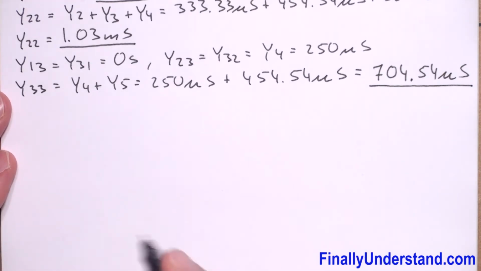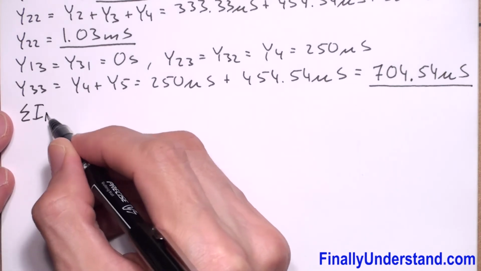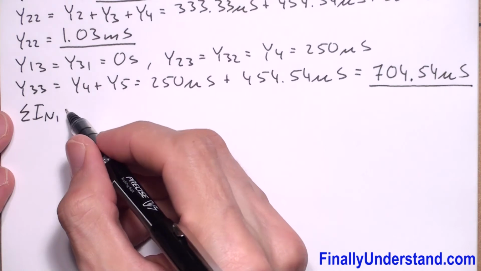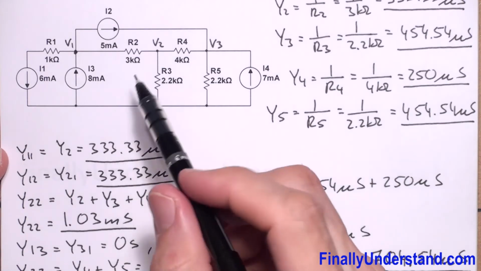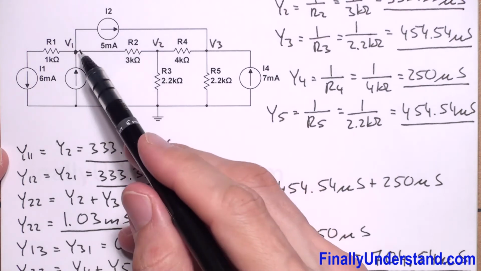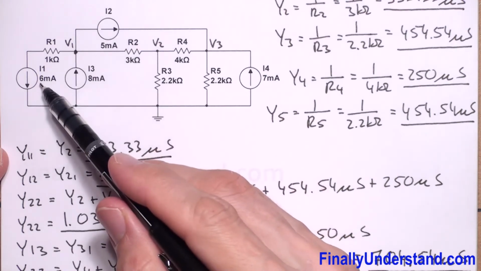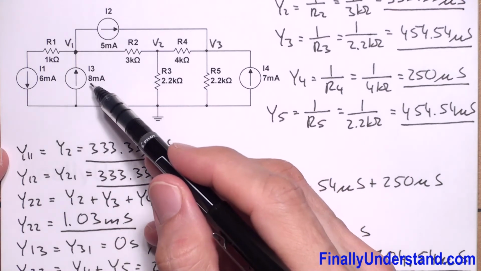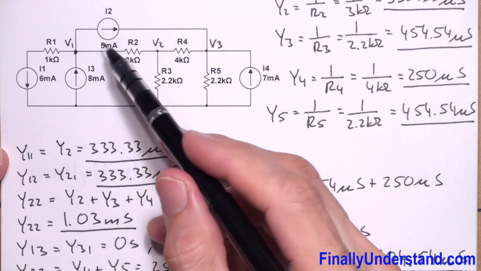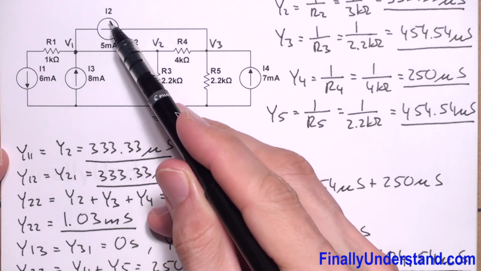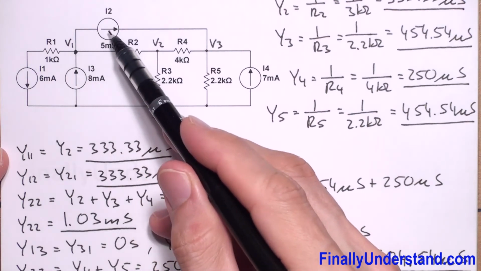Next we're supposed to find the sum of the currents going to node 1. Let's take a look at what we have over here. We have I1 leaving node 1, that's why it's going to have a negative sign. I3 is coming to node 1, that's why it's going to have a positive sign. And I2 is leaving node 1, that's why it's also going to have a negative sign.